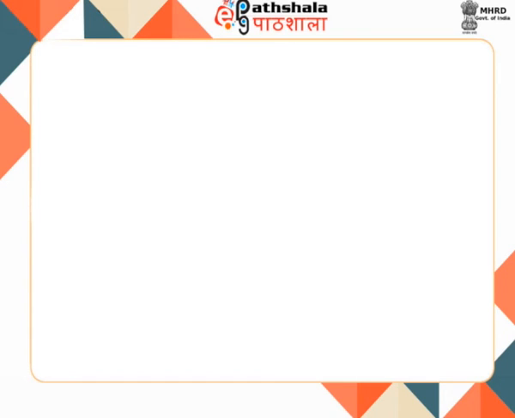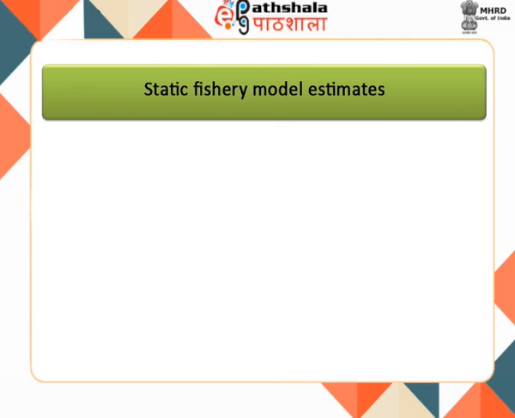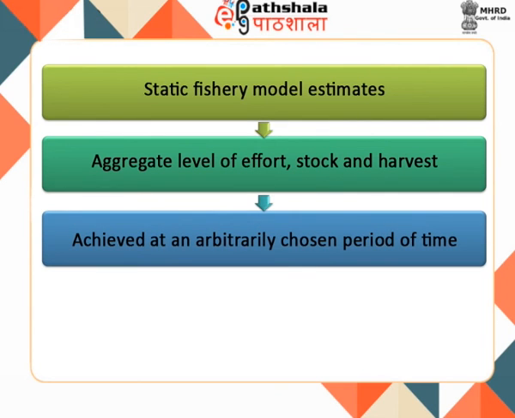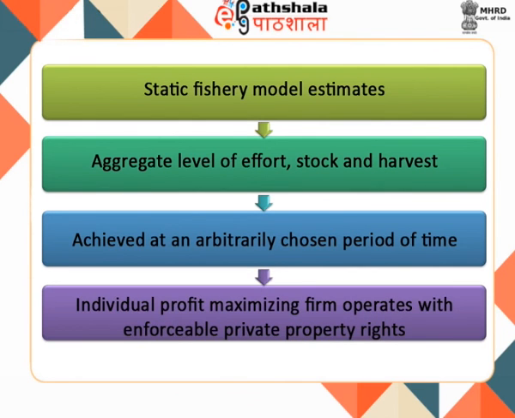Economic literature offers many variants of private property fishery. This module shall cover only the static profit maximizing private property fishery model. The static fishery model estimates the aggregate level of effort, stock, and harvest that can be achieved at an arbitrarily chosen period of time in a setup where the individual profit maximizing firm operates with enforceable private property rights.